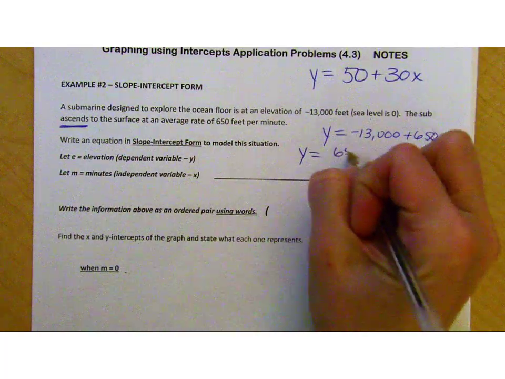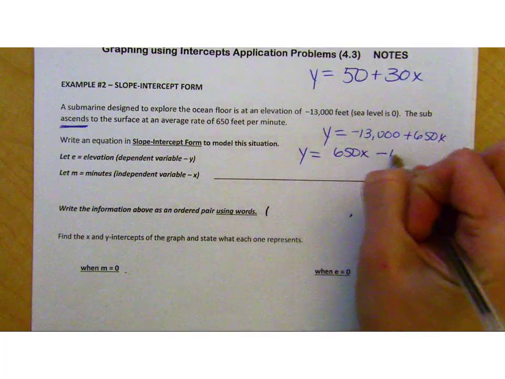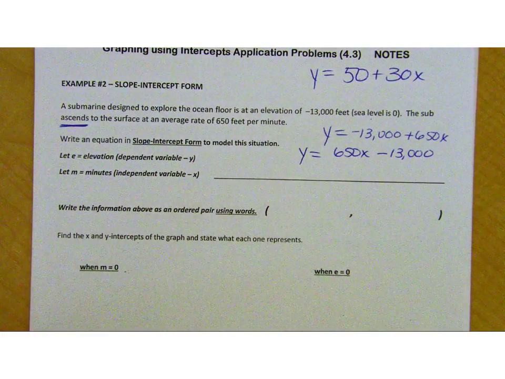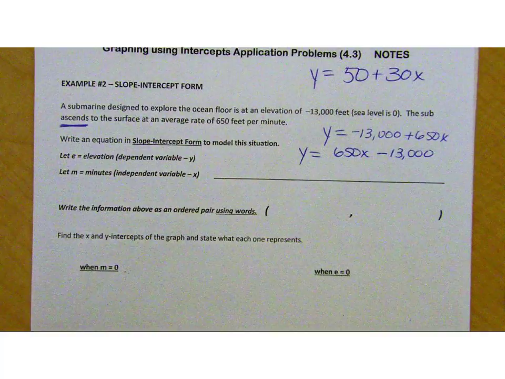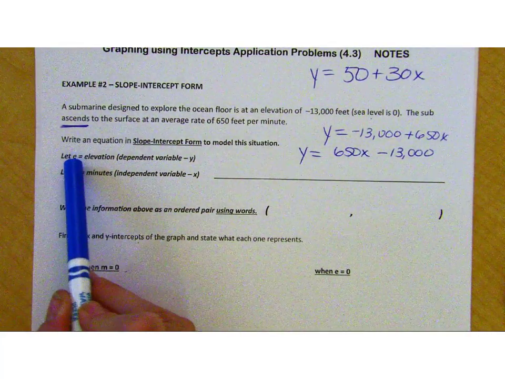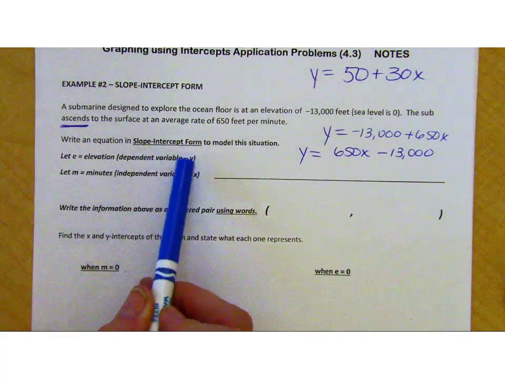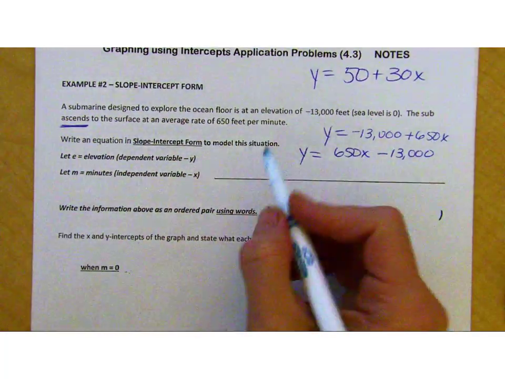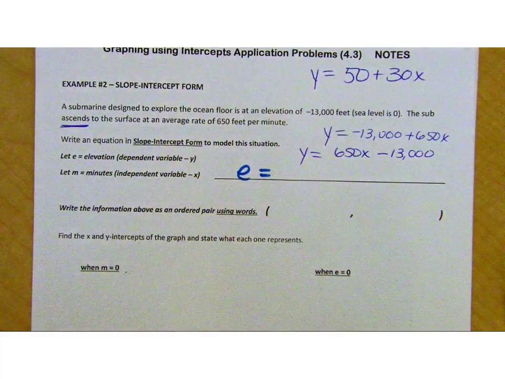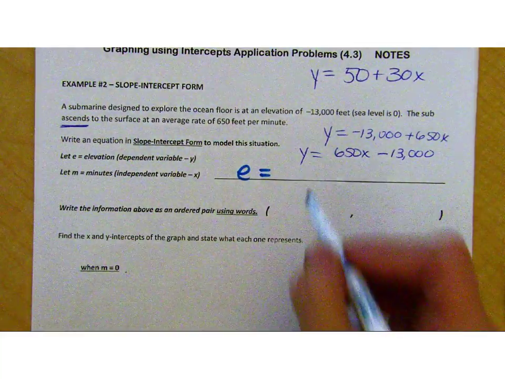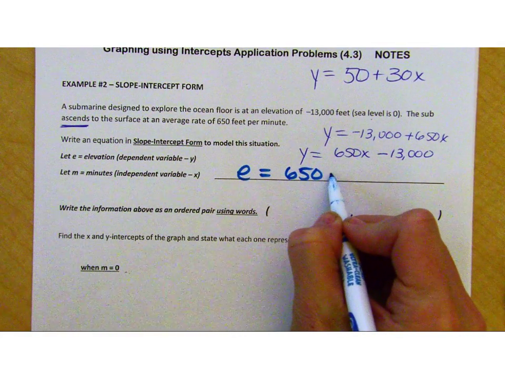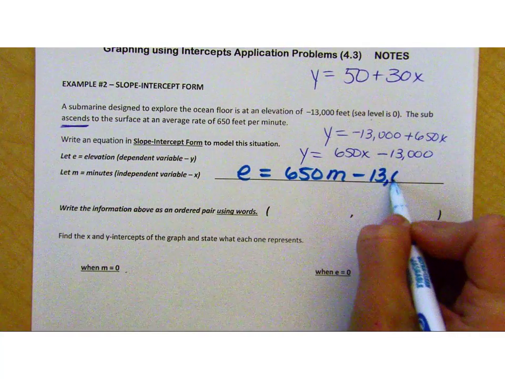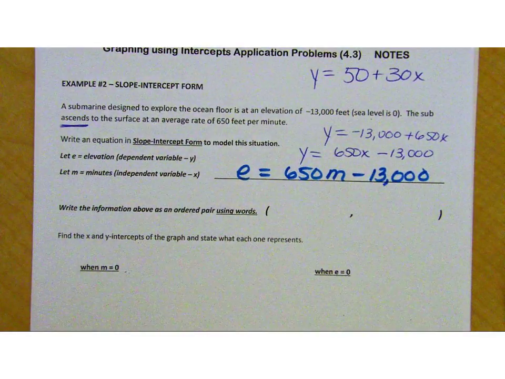Just understand it, right? But what I'm asking you to do is let E represent the elevation, which is your dependent. And the M is minutes. So what I want you to write is your elevation is equal to, and I'm going to go with the way I prefer, 650 per minute, and I'm starting 13,000 feet below. And as soon as I have that in my independent variable represented, one second, Daniel, I am going to write this.